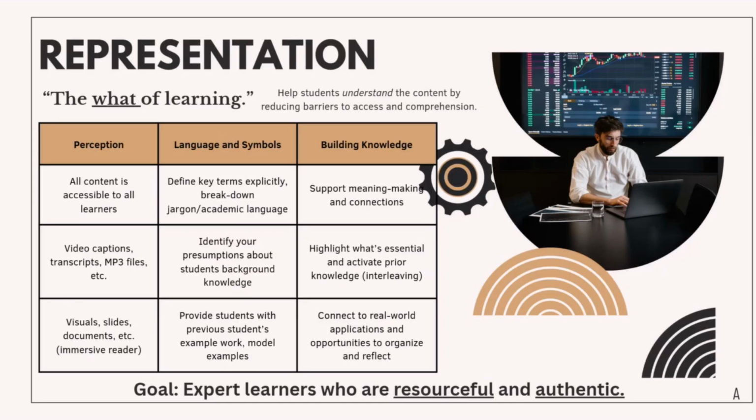You need to take some time and identify your presumptions about student background knowledge. Most of the students in a class that you have could have had a class before that. Well, did they do well in that class? Is there a pretest to see what they knew from that class if they're coming into another class? You've got to consider what they might know, because if they don't have a good background when they come into the class that you're teaching, that could be a struggle.